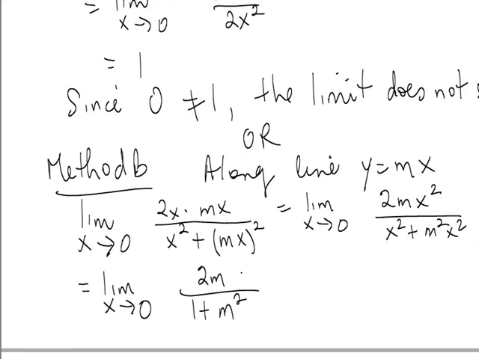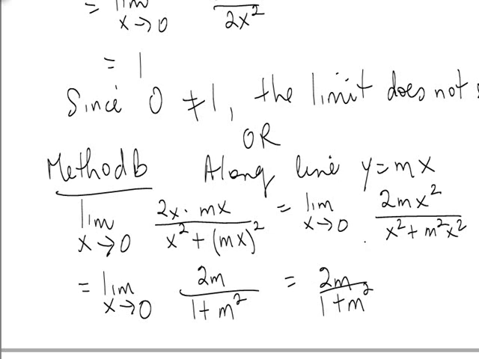And I hope you notice that this is a constant, right? There's no x in there, so your answer is just 2m over 1 plus m squared. But m can be anything, right? Depending on the value of m you put there, you will get different answers. If I put m equals 1, I get 2 over 2, which is 1. If I put m equals 2, I get 4 over 5.